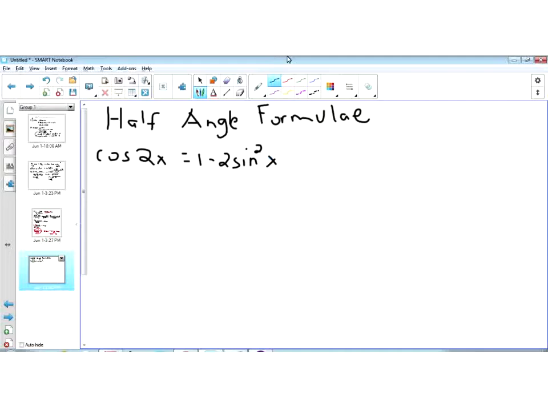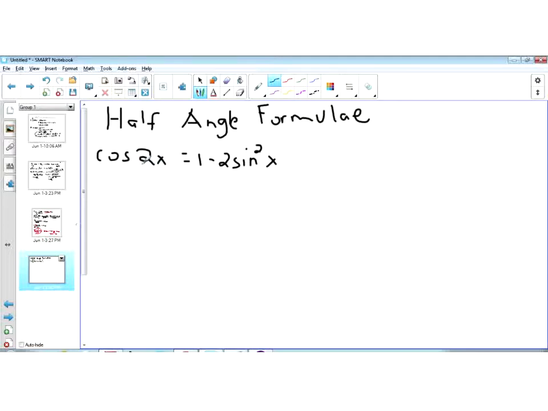Okay, so that originated from the double angle formula. Let me check. Yes. Okay, so now what would happen if we solve for sine squared x?